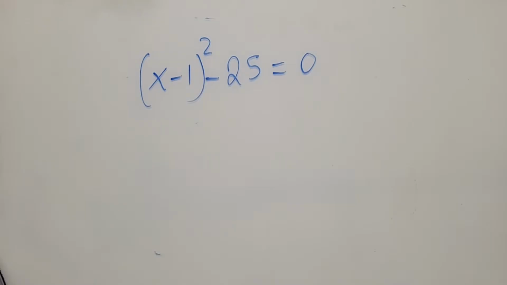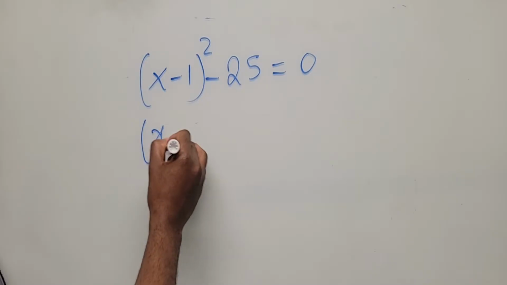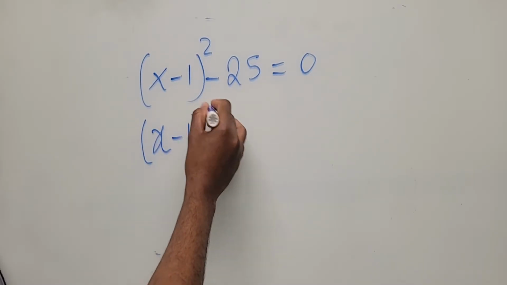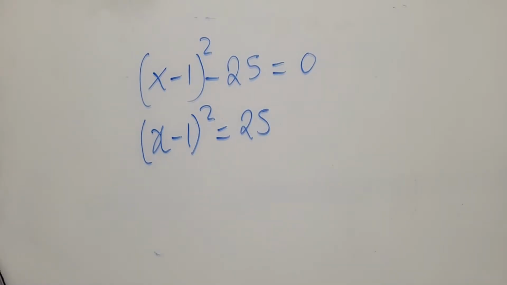The first thing, I don't have to expand x minus 1 squared, because this is already a perfect square kind of problem. So I would just write x minus 1 squared is equal to 25. I just added 25 to both sides.